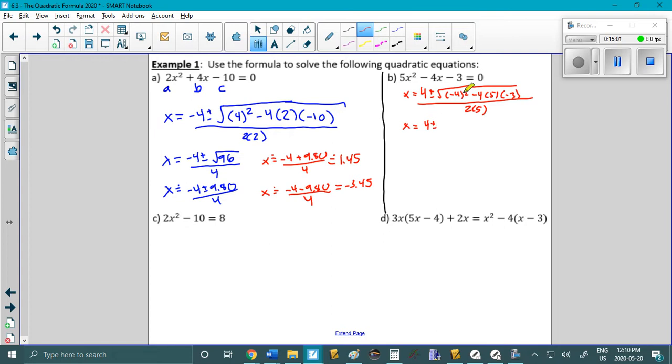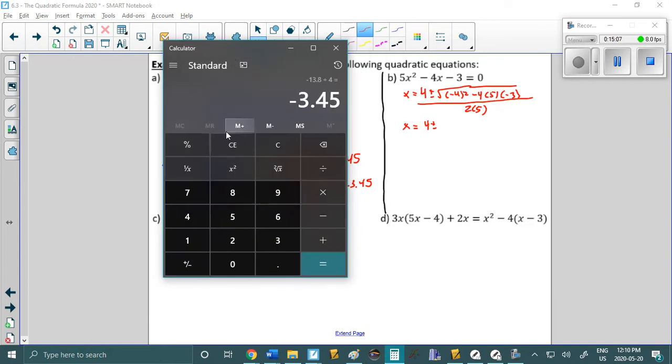plus or minus. So this is going to be 16 plus 60, I think. So we've got 16, and then the negatives, everything multiplies here. So a negative times a positive times a negative is a positive. So 20 times 3 is 60, so plus 60 is 76.